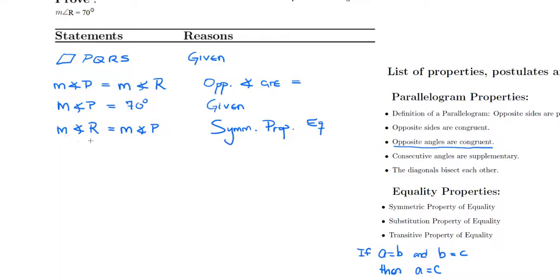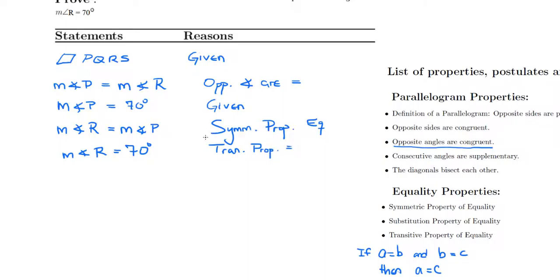So now that I have A, B, and C, by the transitive property, measure R is equal to 70 degrees. This is by the transitive property of equality. Okay?